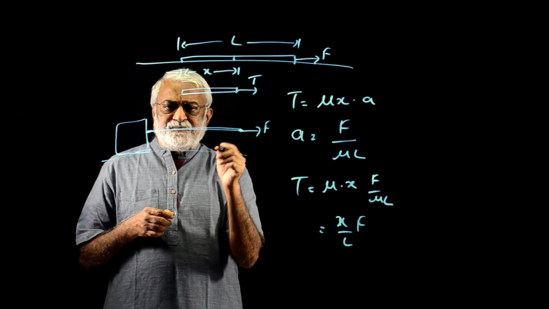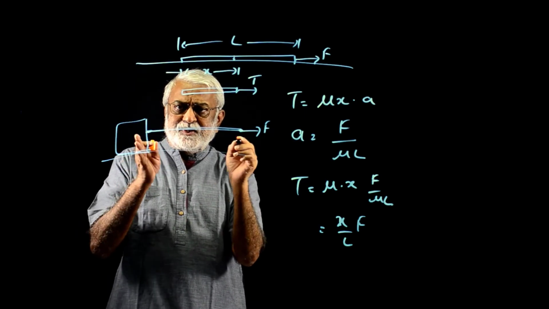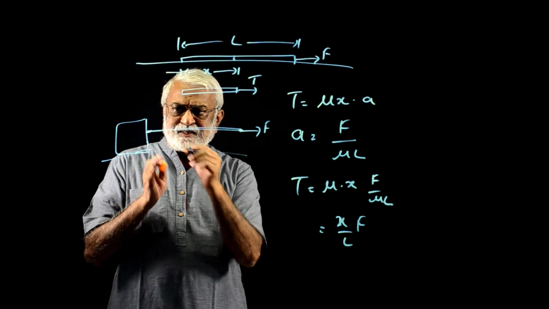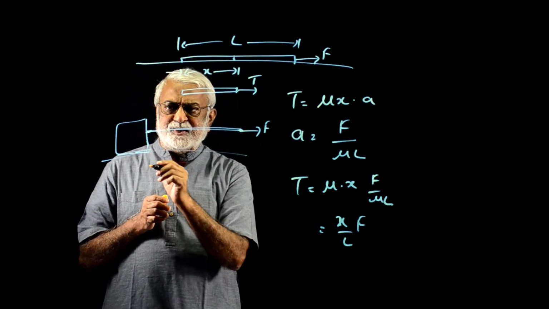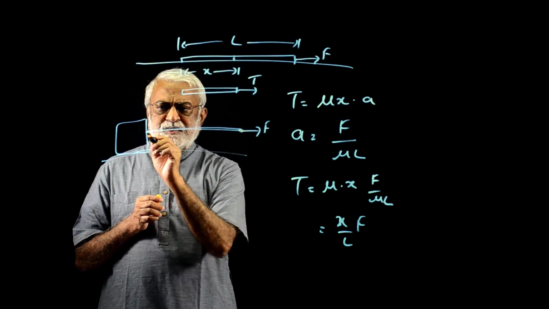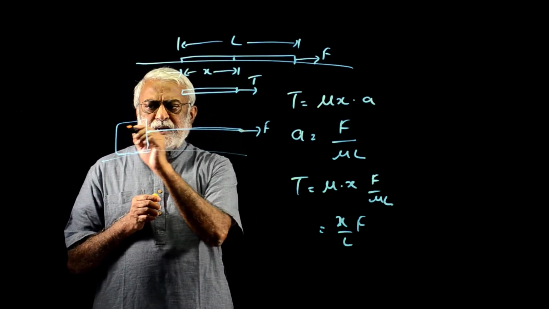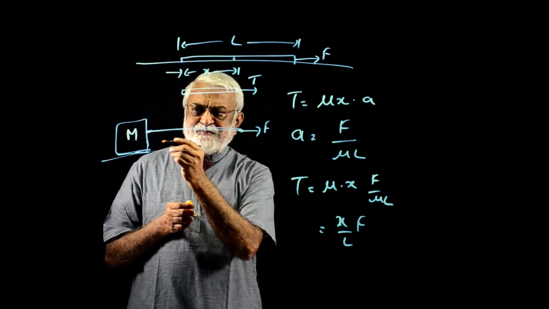And if this mass can be ignored, then you can see the rope as straight, with no sag. So F by m would be the acceleration of this block. The force F applied to the front end of the rope is exerted by the rope on the block of mass m. So the acceleration is F by m.